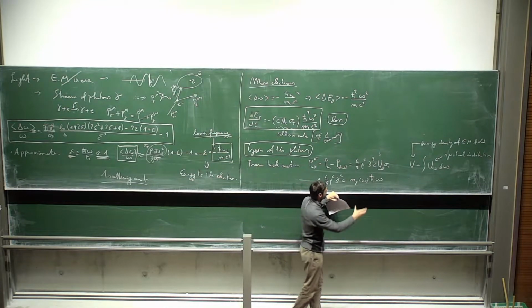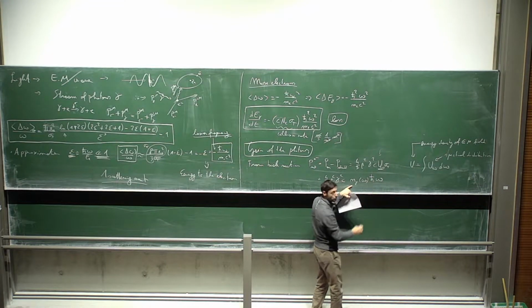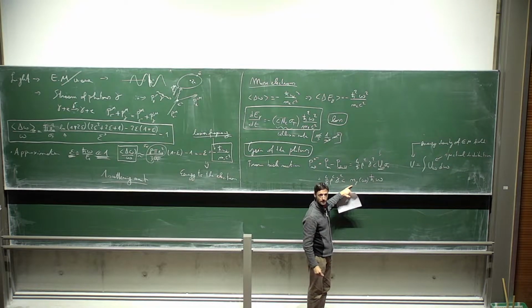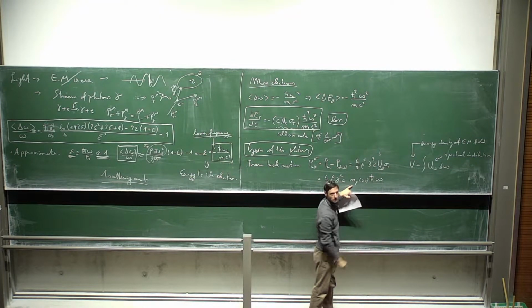So you see, it's a number density of photons multiplied by the energy of those photons. That's the energy density that is carried by the photons, which is an energy density carried by an electromagnetic wave with this frequency.